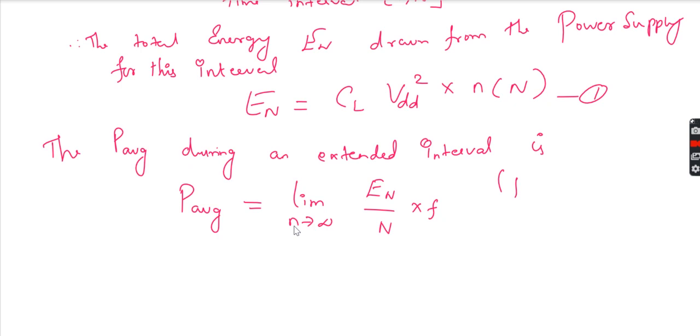This is for a large value of N, where f is the frequency, as you know. Here this f is the clock frequency, which I can write as fc.